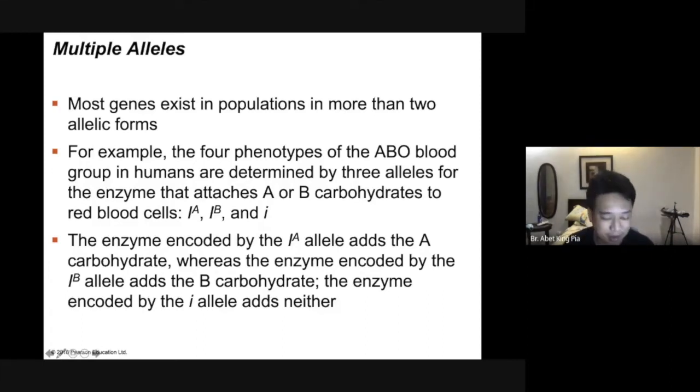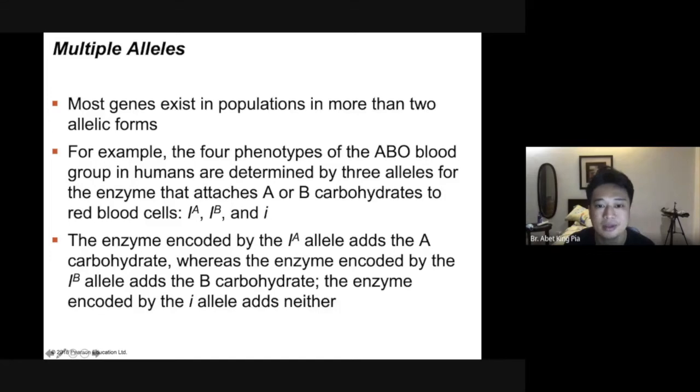Ang letter I yung ginagamit talaga for the allele representation of blood type.